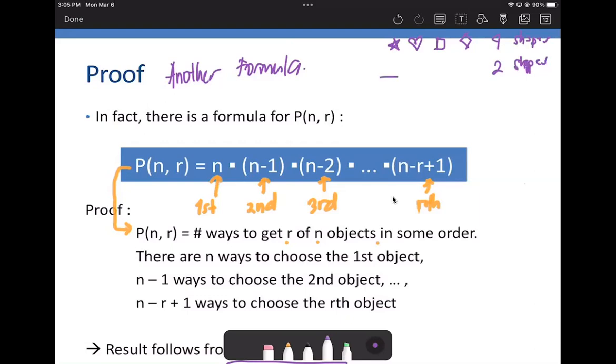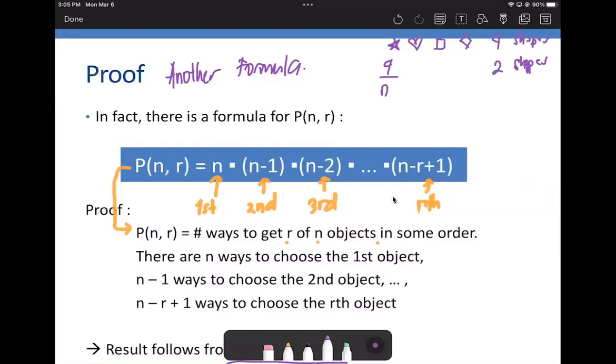For the first shape, how many ways can we select? There will be 4, because we still have the star, the heart, the square, as well as the diamond. So this is basically equal to n.